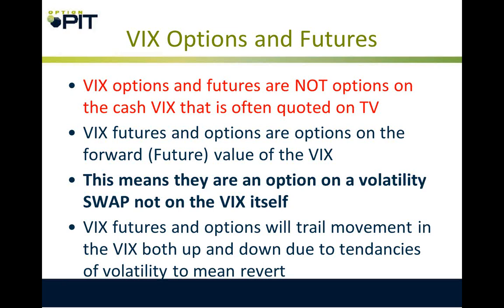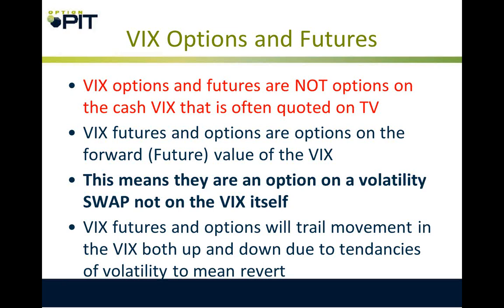So thus, VIX futures and options will trail the movement of the VIX both up and down due to the assumption of mean reversion. So when the VIX is exceedingly low, VIX options and VIX futures assume that the VIX is going to rally.